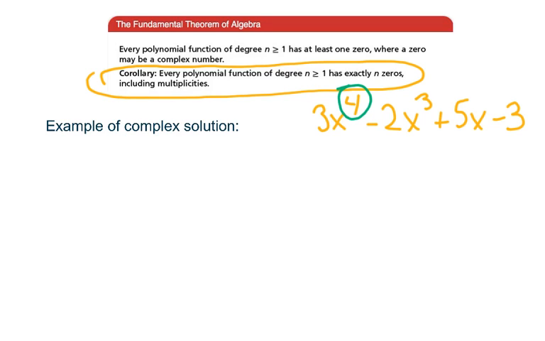So an example again of a complex solution would be something like 3 plus root 2 i, right? Or maybe 4 minus i. Those are complex solutions. So we're including complex solutions when we talk about the number of zeros.